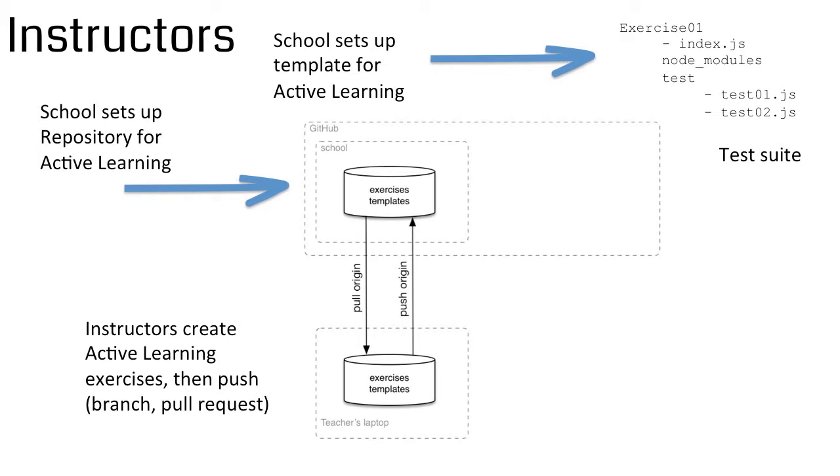So ultimately, instructors are creating branches from repositories, and once they are finished, they are creating pull requests to the repository owner. So this would simply define a repository with all of the exercises and homeworks.